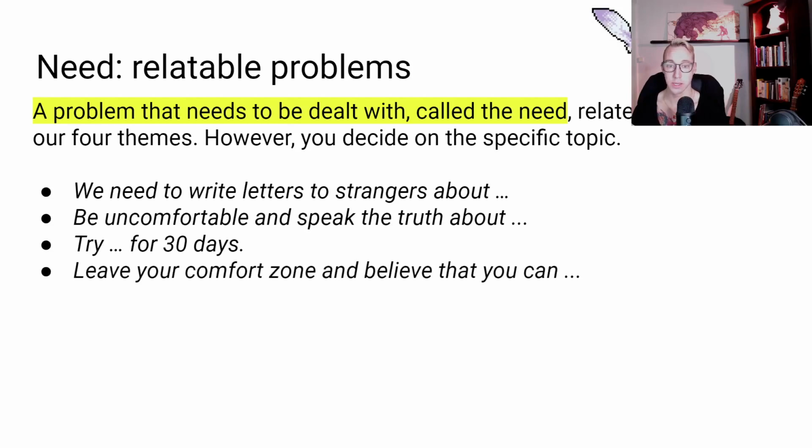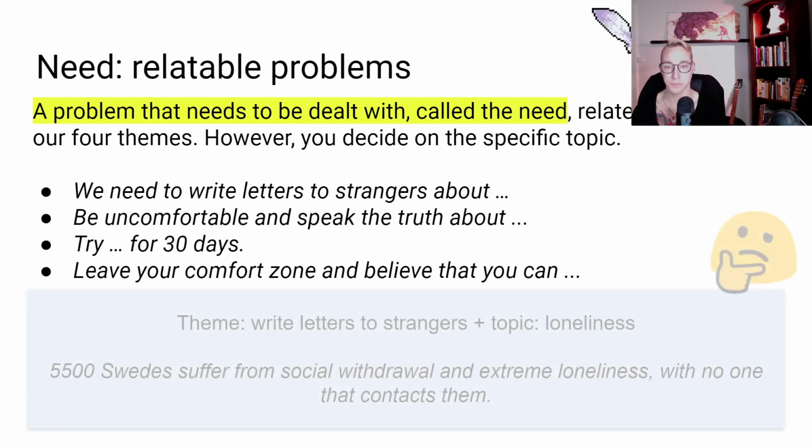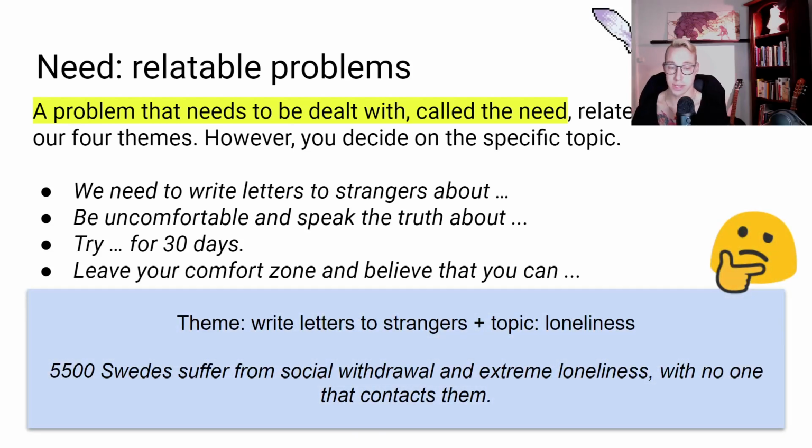And lastly, leave your comfort zone and believe that you can do something. This one is quite similar to the second one in the way that it's also about comfort. However, the focus here is on believing in yourself. Here it's all about your inner strength.